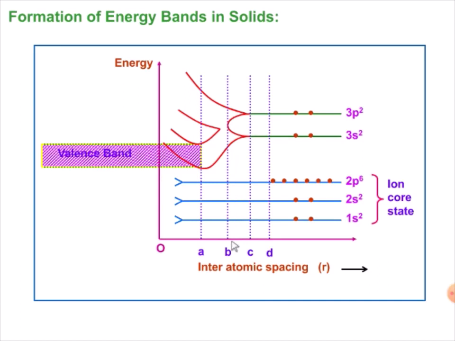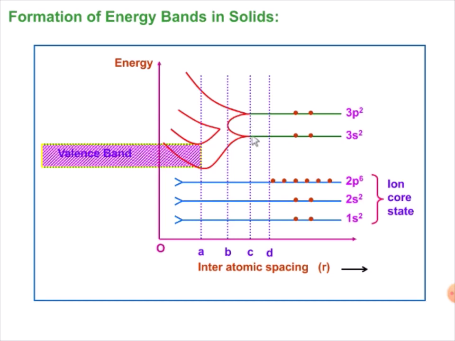When the interatomic spacing r lies between B and C, the energy of the electrons corresponding to the 3s and 3p levels of each atom gets slightly changed.